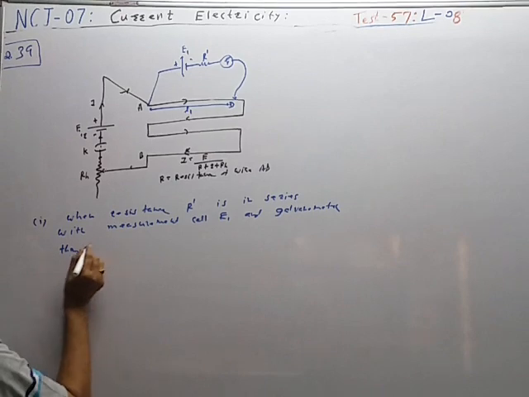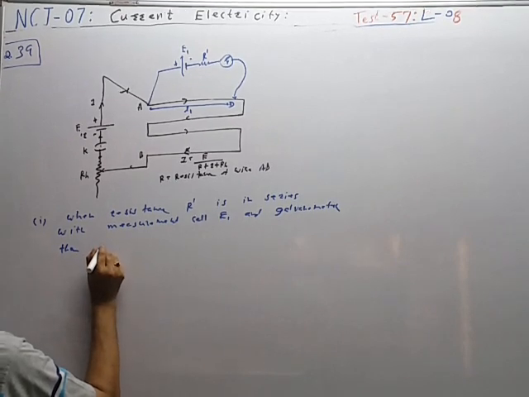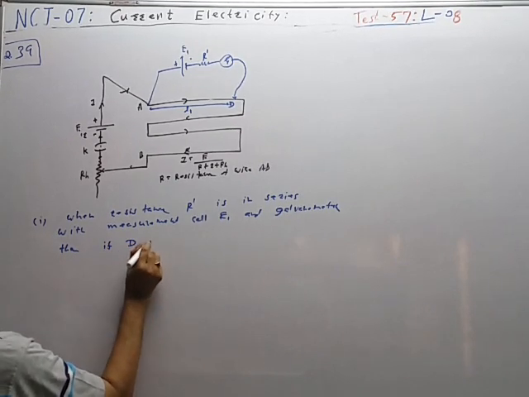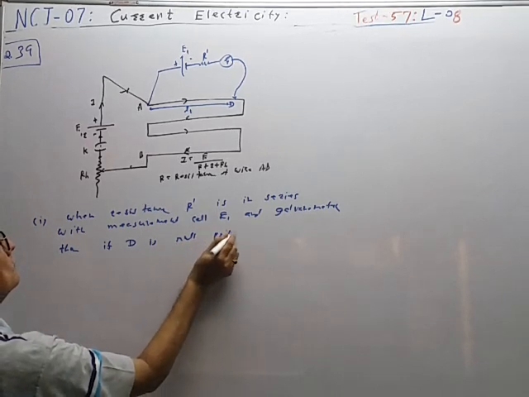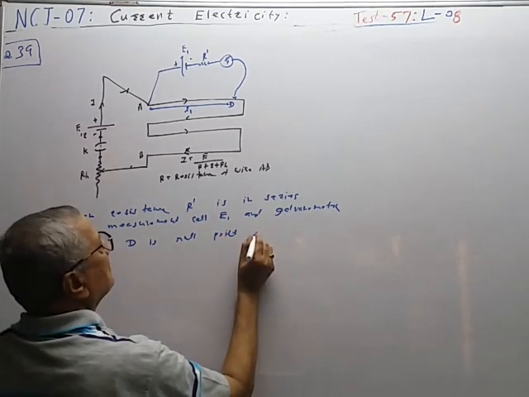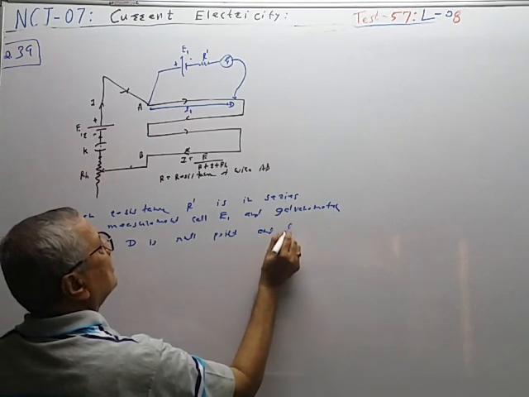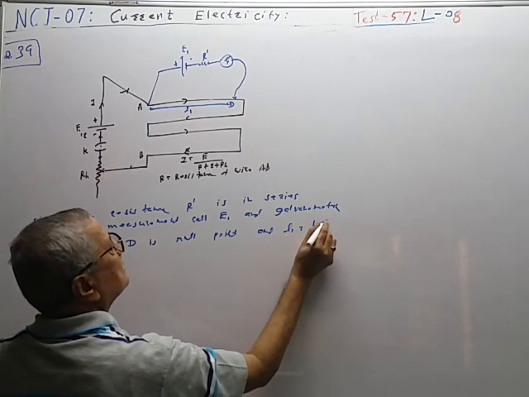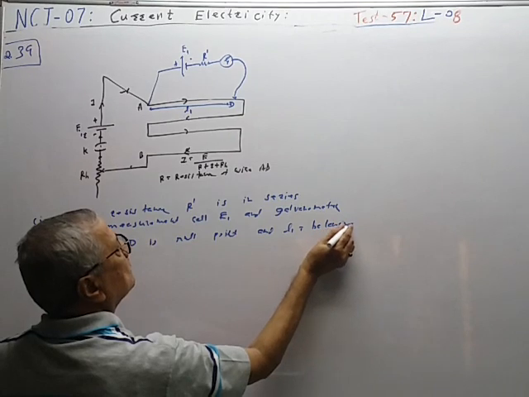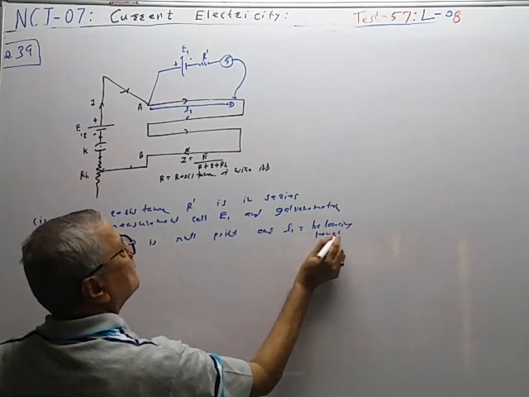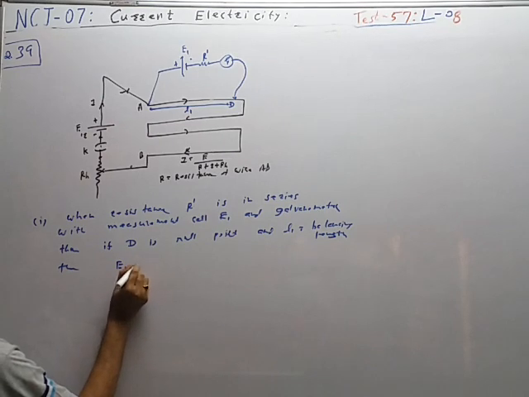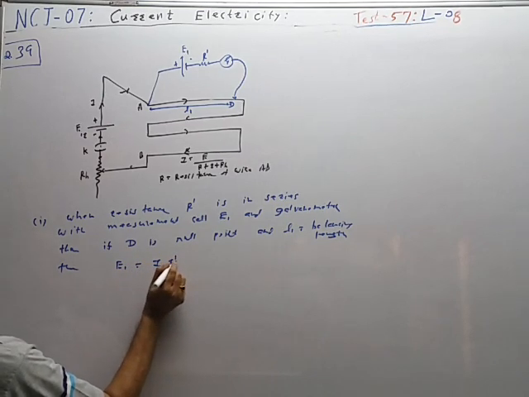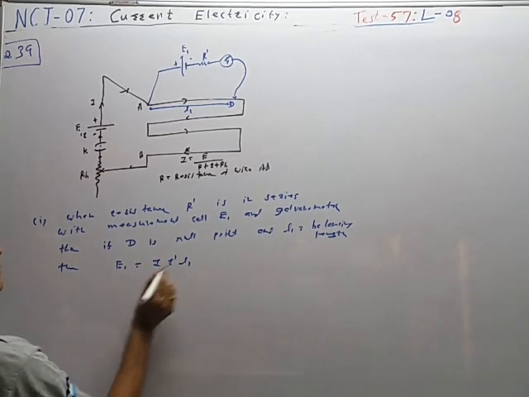Then if D is a null point and L1 is a balancing length, then E1 is equal to I R dash L1.